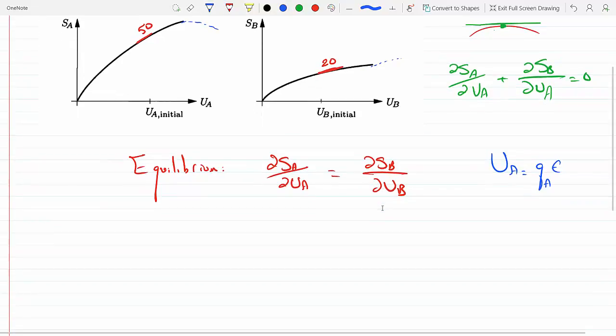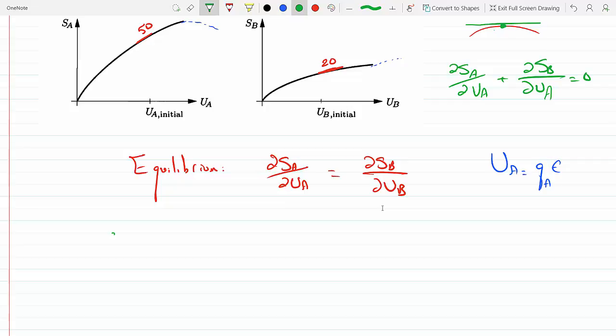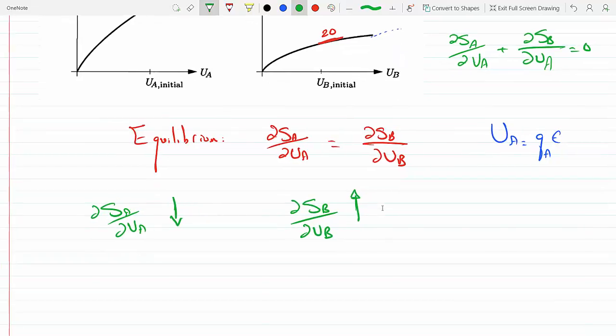Either way, we need to balance these slopes. So what that means is that dS_A over dU_A has to go down, and dS_B over dU_B, these are partial derivatives by the way, has to go up. And for this to happen, how would I bring the slope down?